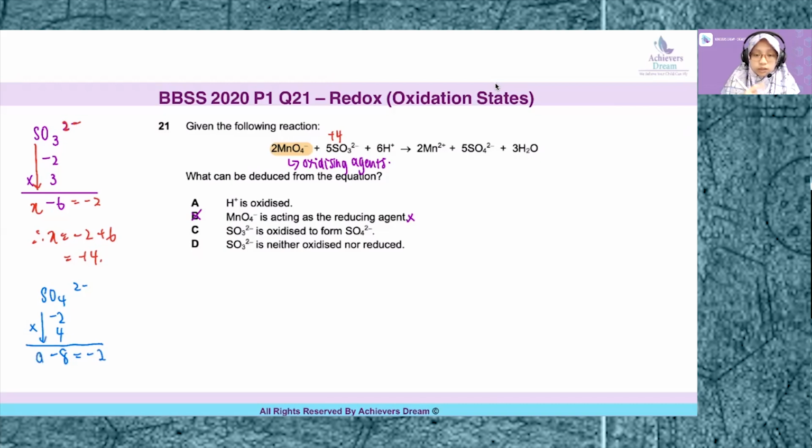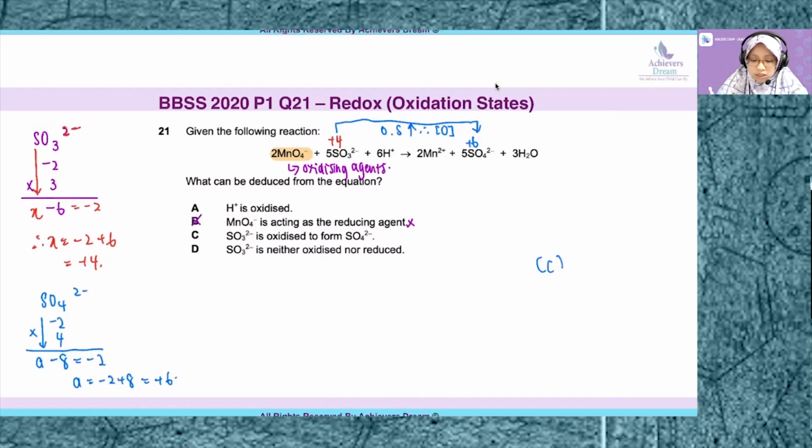Hence, the oxidation state of my sulfur atom is -2 plus 8, which equals +6. So from +4 to +6, you realize the oxidation state increases. An increase in oxidation state means it is being oxidized. Sulfite is oxidized to form sulfate. Hence, the answer is C.